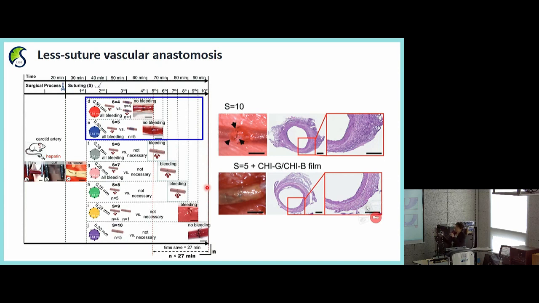As you can see here, with a suture number of 10, it shows stable sealing of the blood vessels. But if we use the film material, we can decrease the suture number because of the augmentation by our adhesive film. So that is one of the vascular anastomosis methods using the adhesive film material.